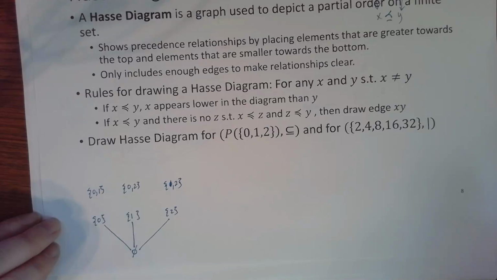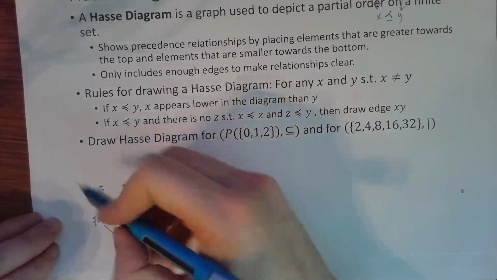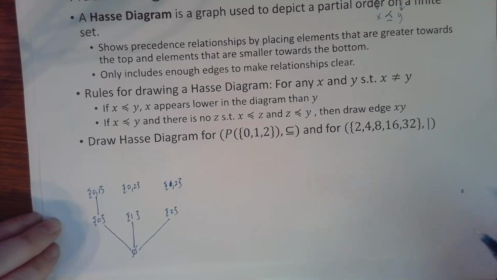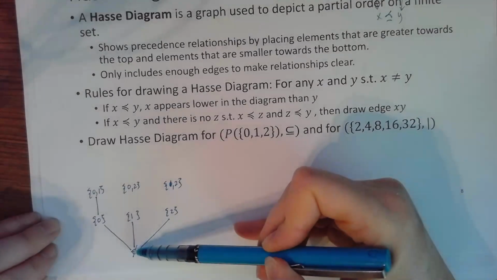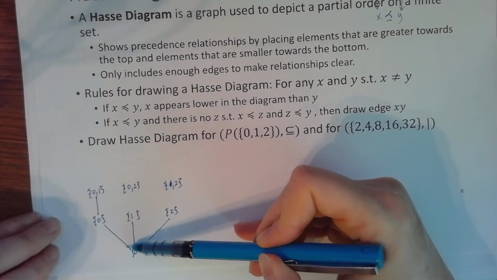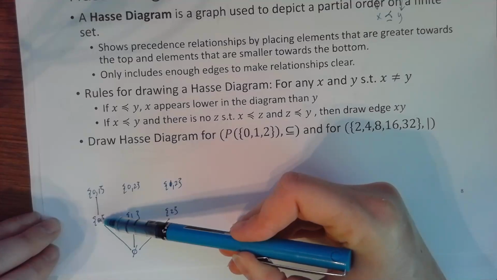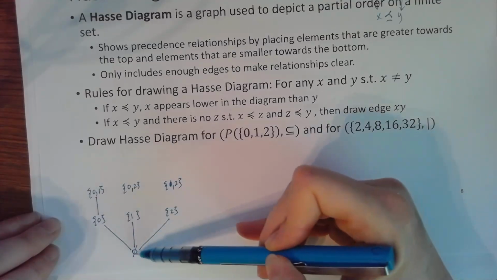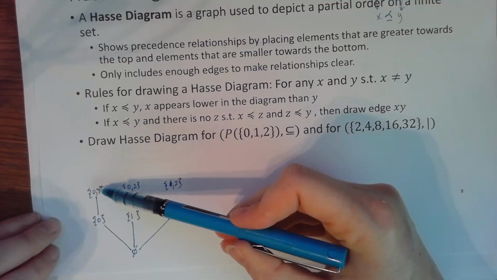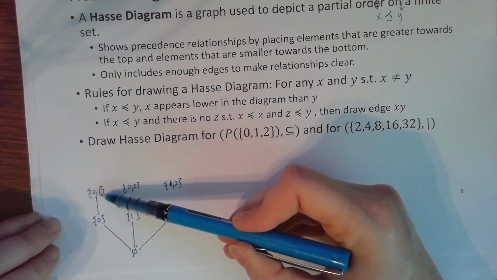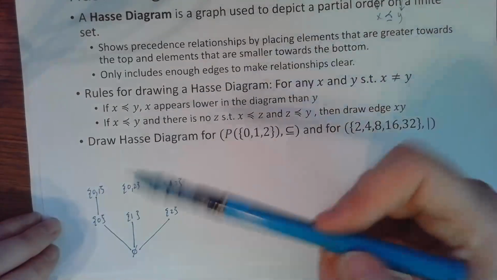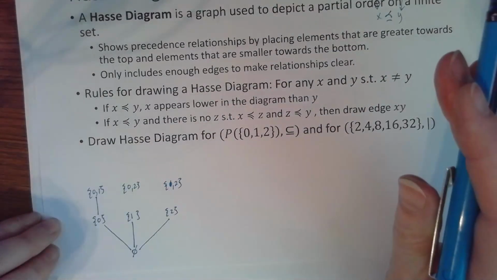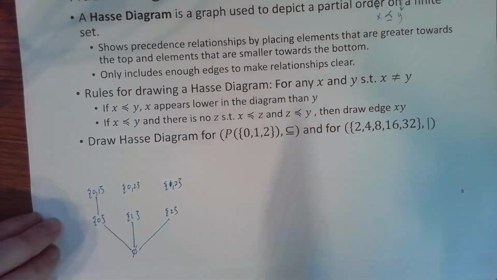Now, the set containing 0 is a subset of the set containing 0 and 1. Because there is an upward path going from the empty set through the middleman 0 up to 0, 1, I know that the empty set is also a subset of the set containing 0 and 1. But I'm not going to put that edge in there because I have this path, and so it's implied. I don't add an extra edge because that just makes it too busy.